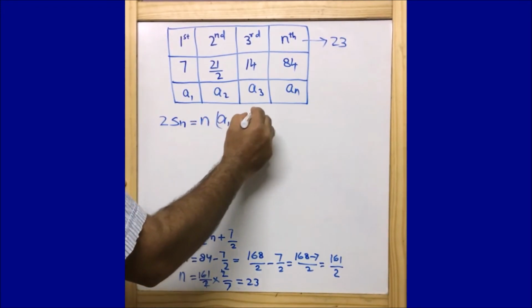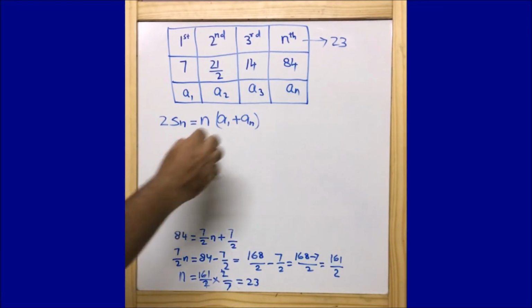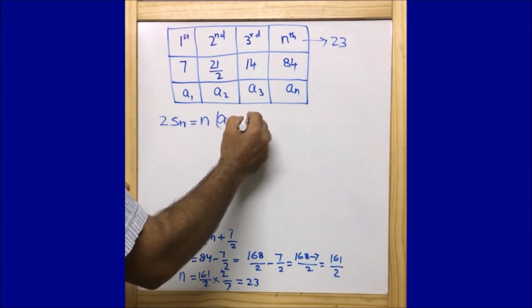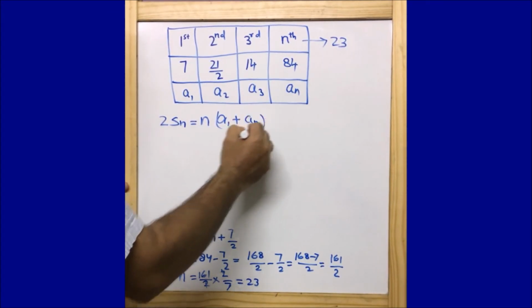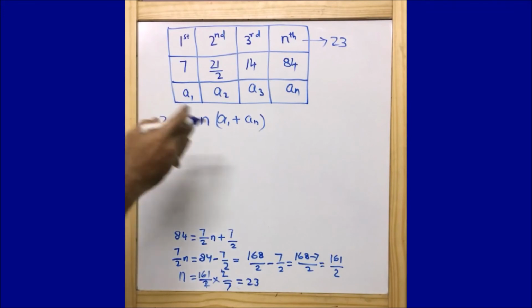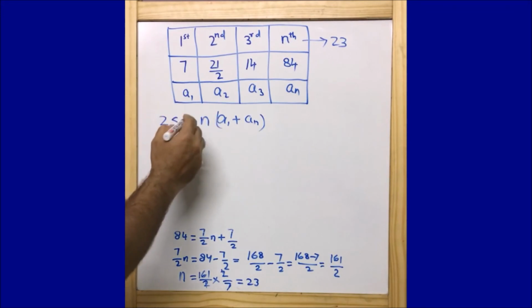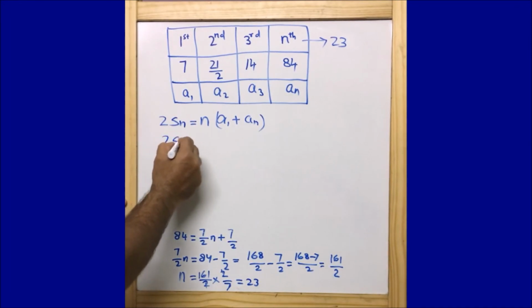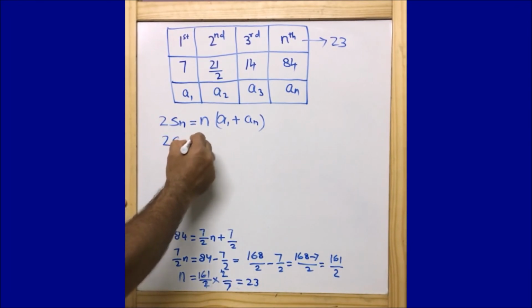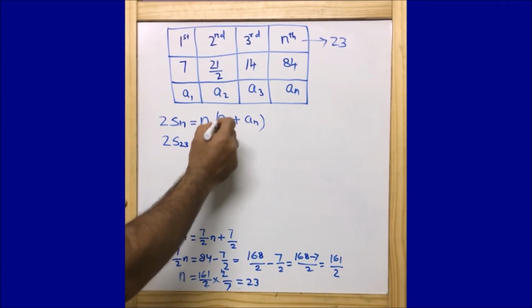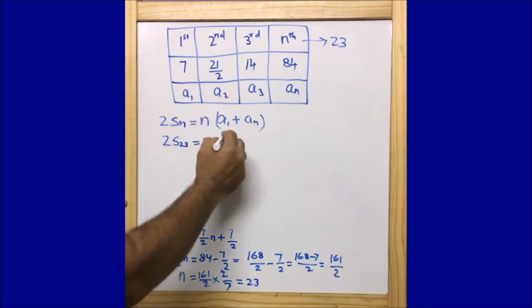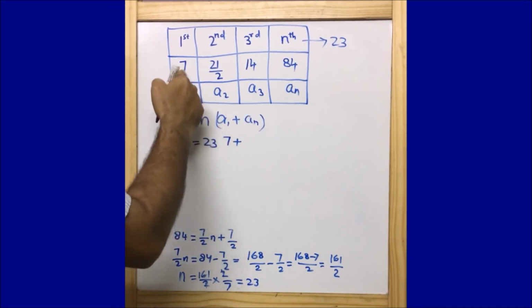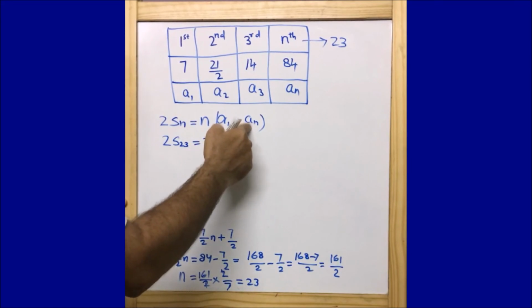Since n is 23, 2S23 is equal to 23 into (a1 plus an), where a1 is 7 and an is 84.